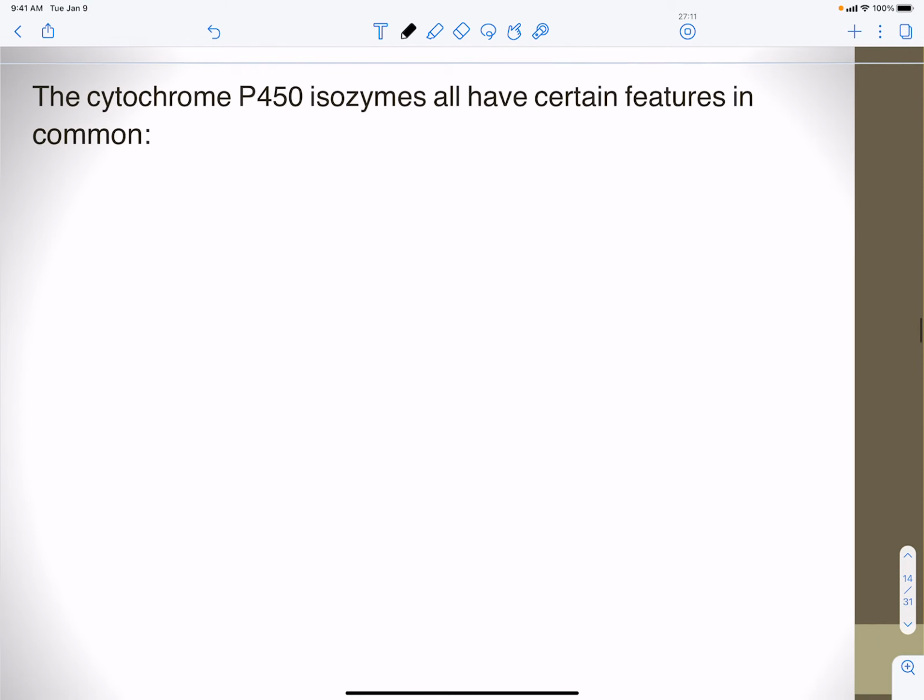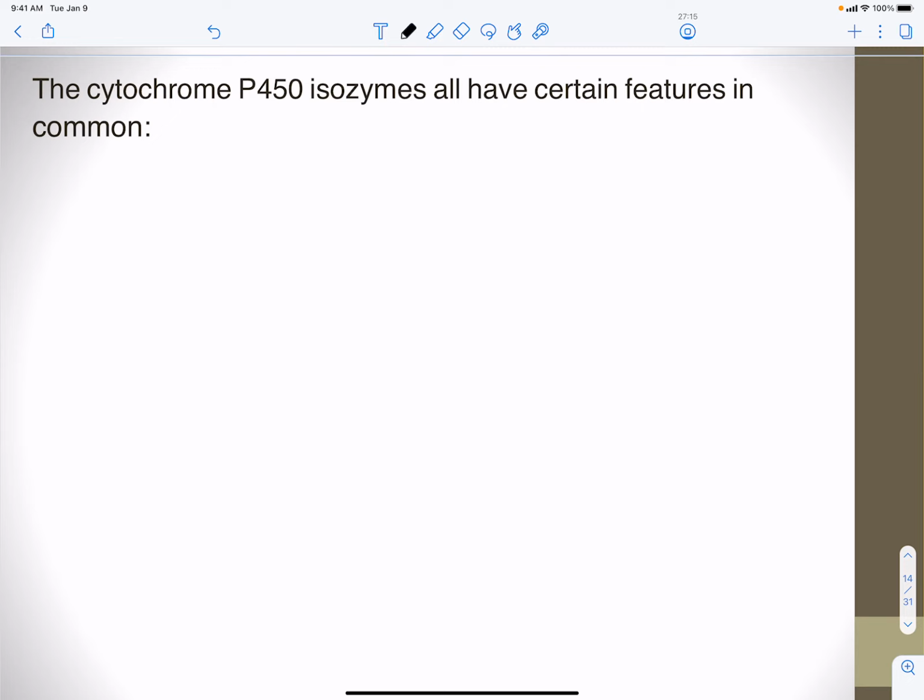All right, so the P450s have certain features in common. They are all going to contain the cytochrome P450 that is going to be used to oxidize the substrate and reduce oxygen.